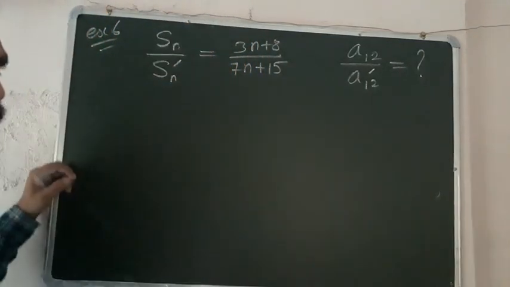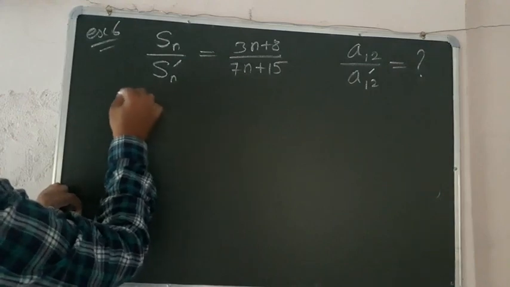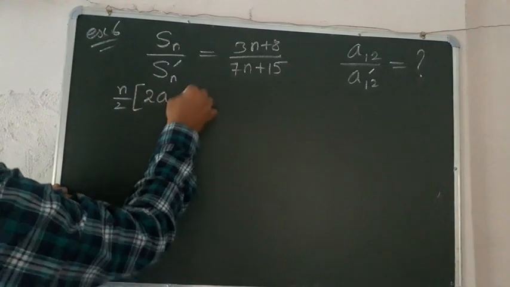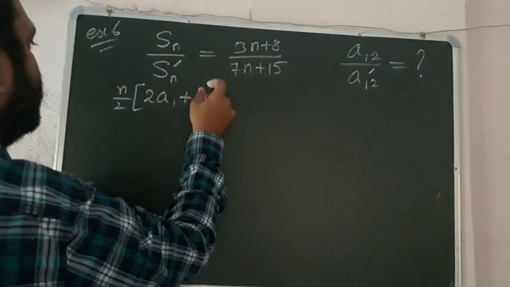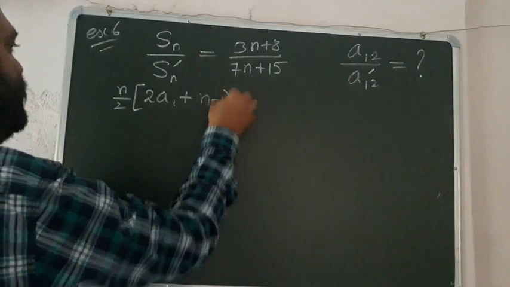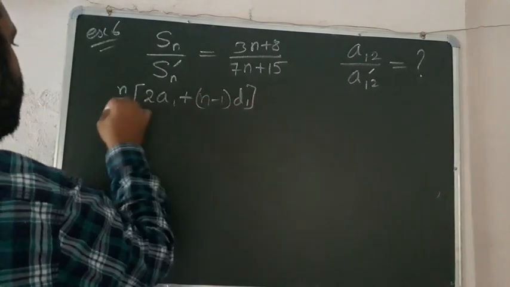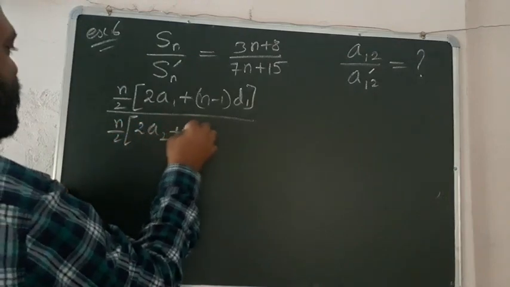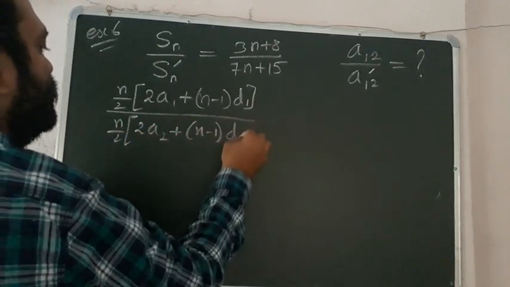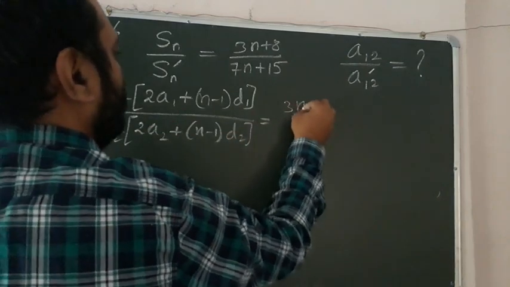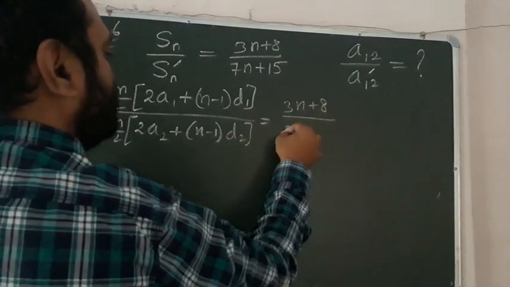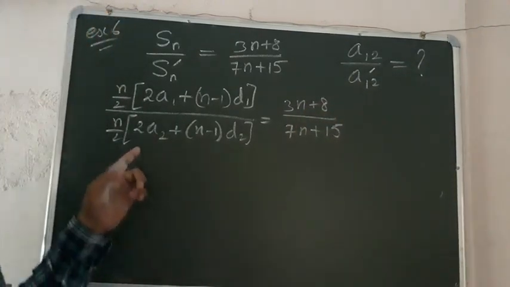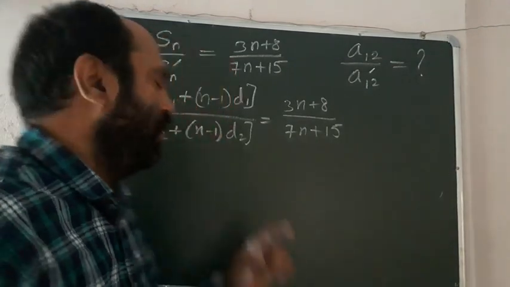As you know the formula of Sn for the first AP is n by 2 into 2a1 plus n minus 1 into d1, over n by 2 into 2a2 plus n minus 1 into d2. This is the formula for the sum of n terms of two APs.